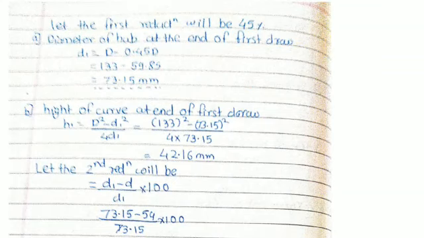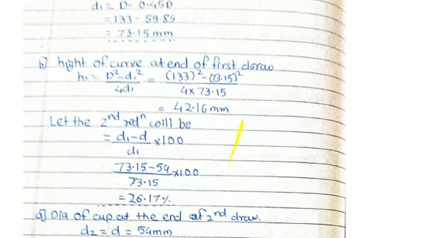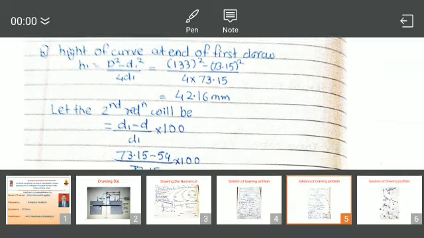The second reduction is calculated by the formula small d1 minus small d, divided by small d1, into 100. Small d1 is 73.15 and small d is known to us, 54. That means we have to reduce 73.15 to 54 millimeters. How much reduction is required, we are calculating. This reduction comes out to be 26.17.